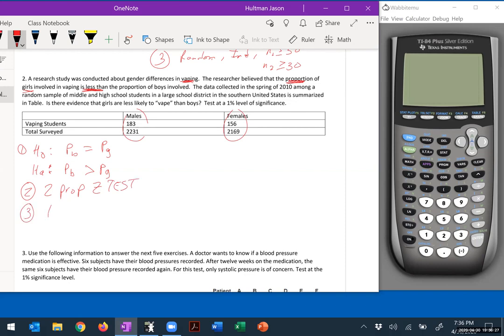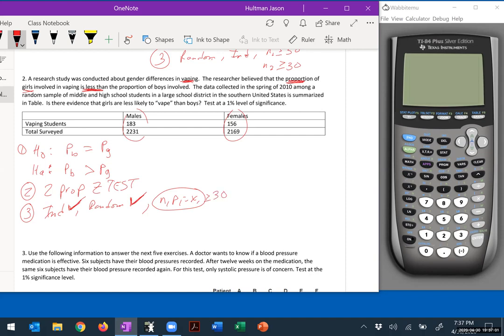Number 3, is this independent, random, and do I have a large enough sample size? Independent, that's a check mark, by the way. Random, and is the sample size large enough? Well, is N1 times P1, which is X1, remember n times p is equal to x, greater than or equal to 30?